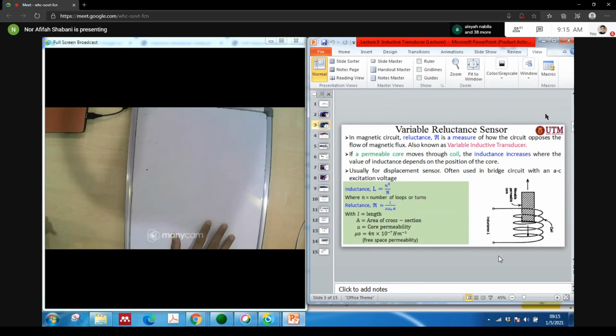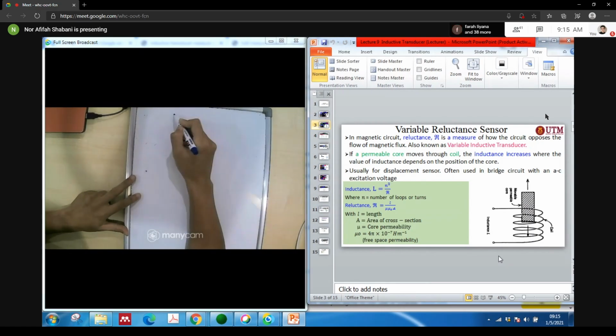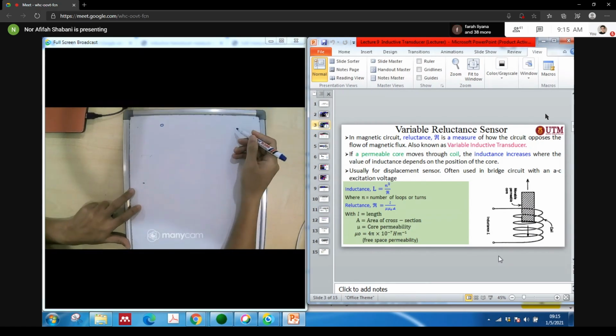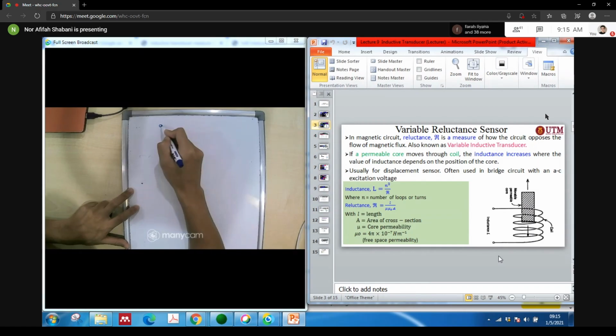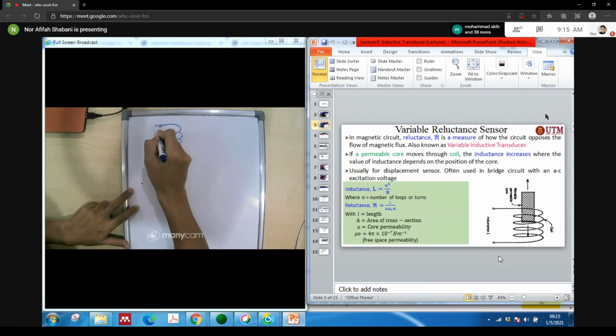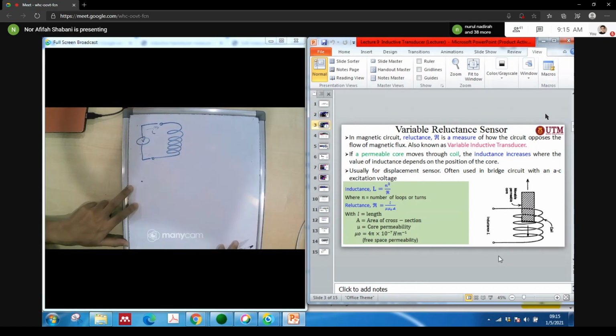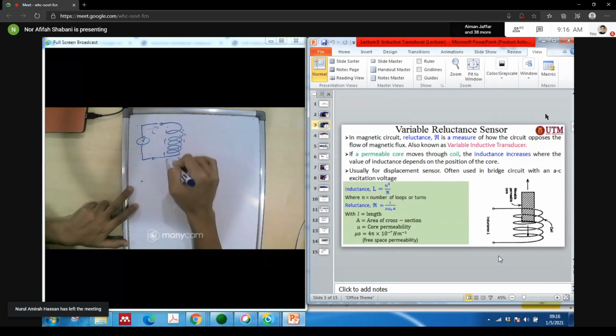Like you said earlier, right? I hope that you can see this. This is your coil. You inject some voltage, and of course when you inject some voltage, that means there will be some current I. This current will produce some magnetic flux over here.